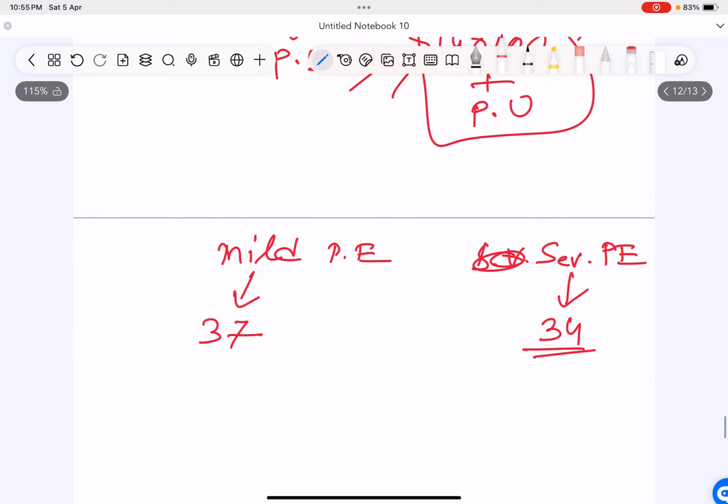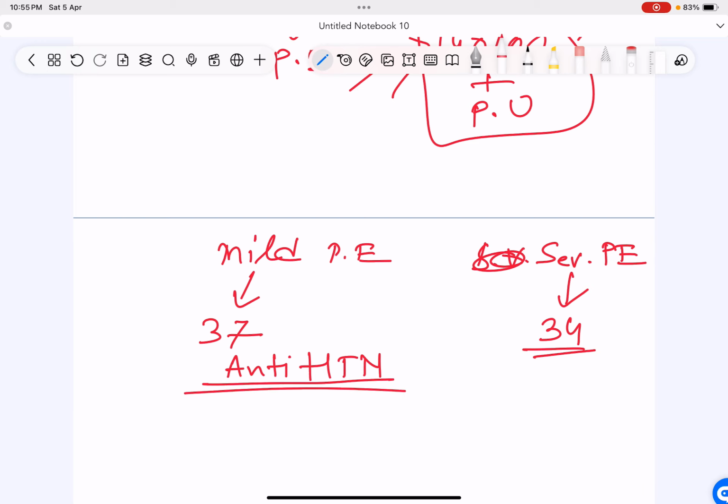Mild PE, we give antihypertensives, but in mild PIH, we don't give antihypertensives. Only in severe PIH, we give antihypertensives. But here, we give antihypertensives, but we also start magnesium sulfate must in severe preeclampsia.